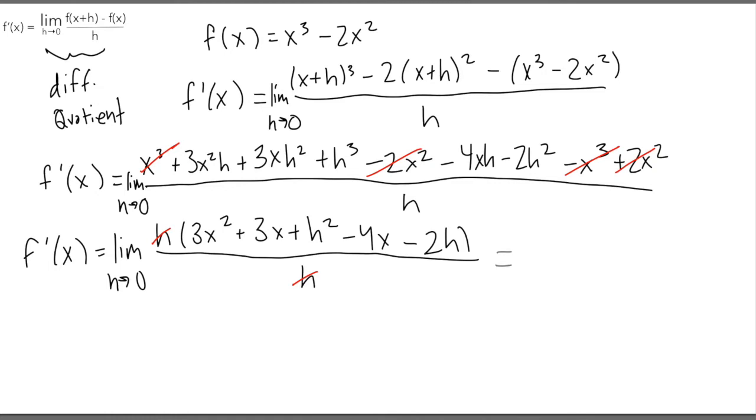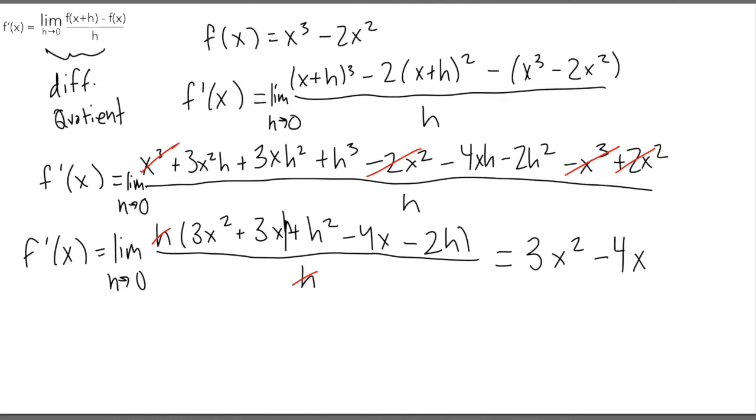And this will then equal 3x squared minus 4x. I forgot to put an h here, so there isn't a minus 3x. It's just 3x squared minus 4x. And this is our general derivative.